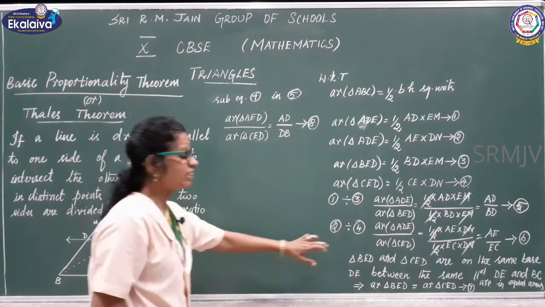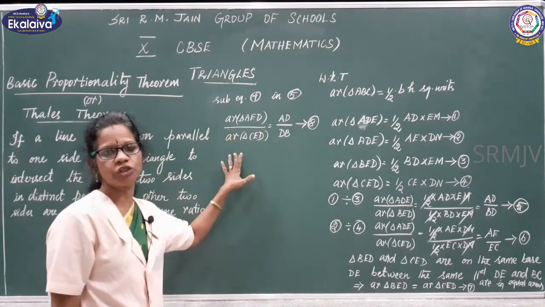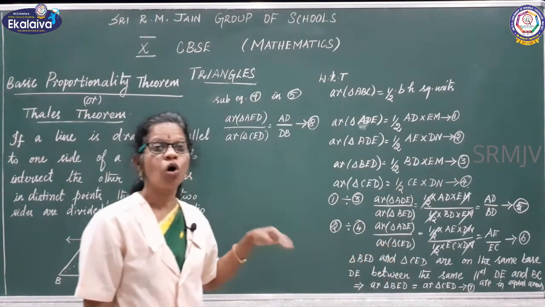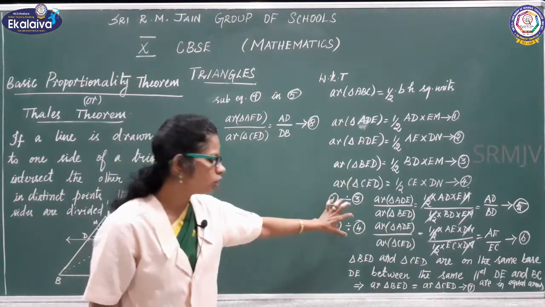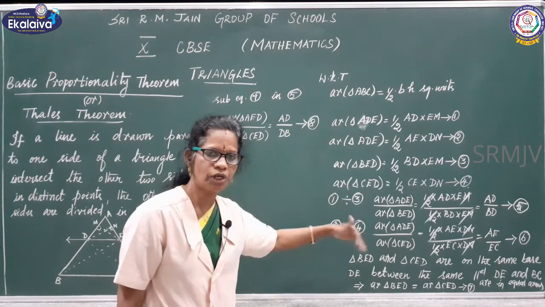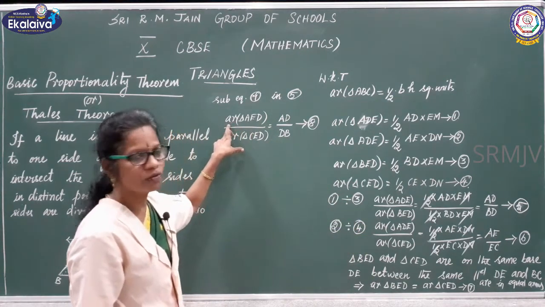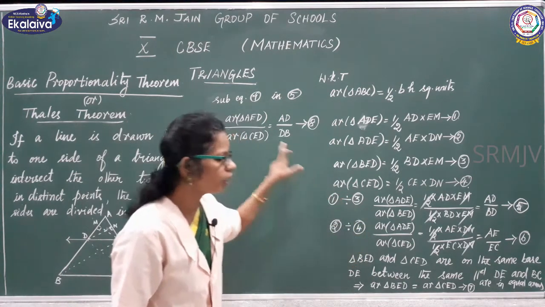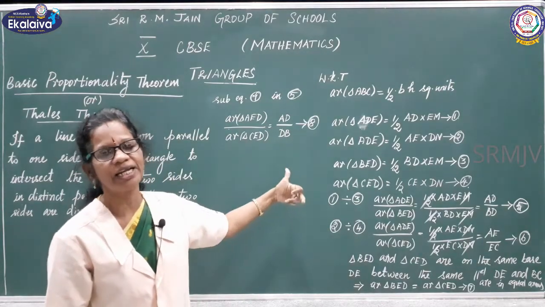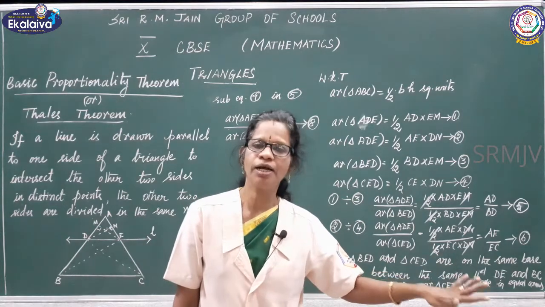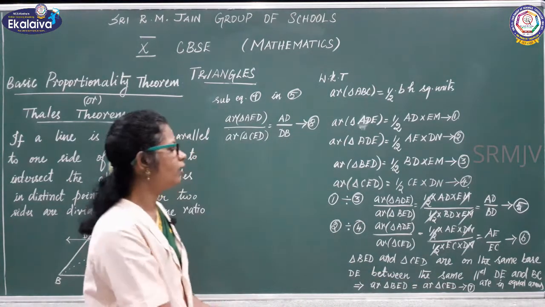Now you see 6 and 8, what it tells you, children. 6 and 8 you have to observe and say what you observed. Yeah, very good. The left hand sides are equal in equation 6 and 8. Left hand sides are equal means what is our conclusion? The right hand side is also equal.